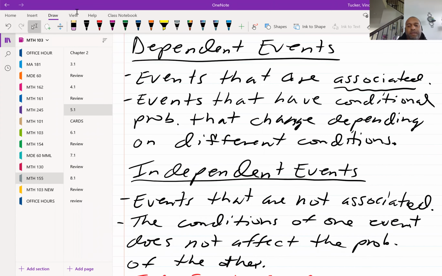Independent events are events that are not associated, and the conditions of one event do not affect the probability of another.